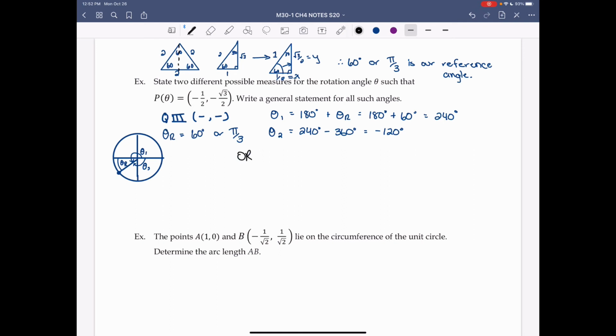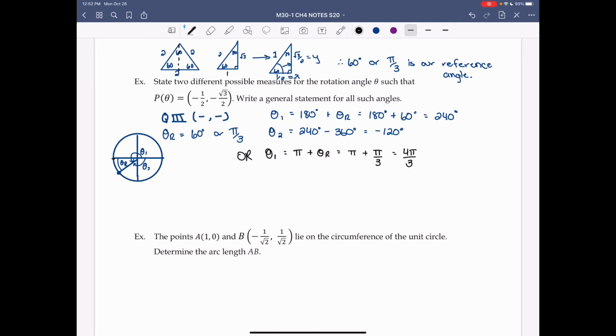Or we can write this in radians. Theta 1 equals quadrants 1 and 2, so when we get to the negative x-axis, that's a measure of pi radians, plus our theta r, reference angle, which is pi plus pi over 3. Pi would be 3 pi over 3 plus 1 pi over 3 would give us 4 pi over 3.